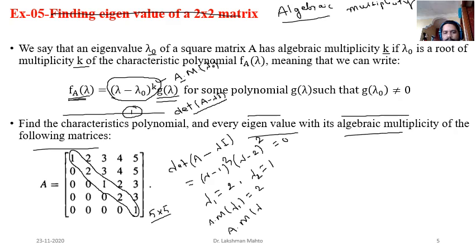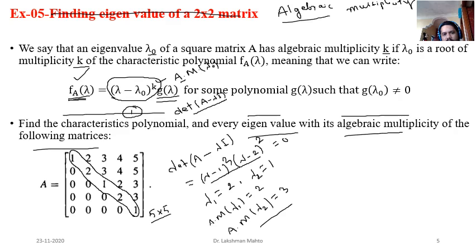So you have already observed the algebraic multiplicity here, it is 3. So you just have to find the characteristic equation. This is the characteristic equation. For notation, a will come as a suffix: f_A of lambda.